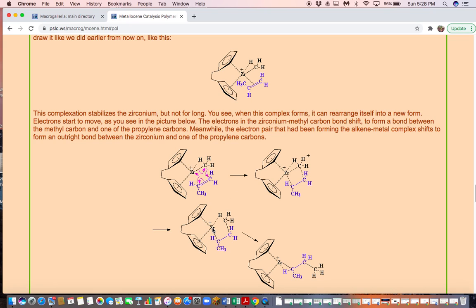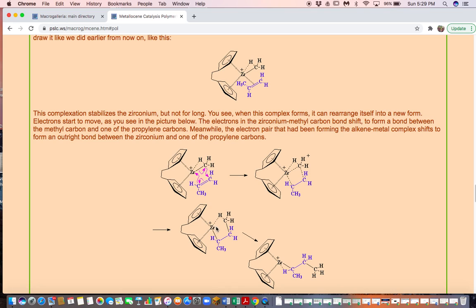So over here, zirconium, still positively charged, but now it's attached to the methyl of the monomer group. This methyl group is now detached from zirconium and is attached to the other carbon in your carbon-carbon double bond. All right?